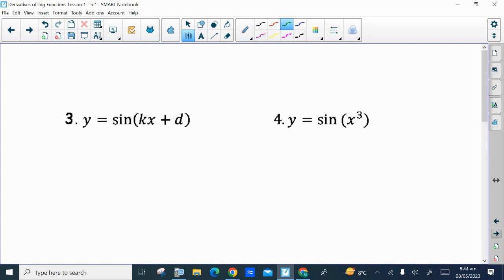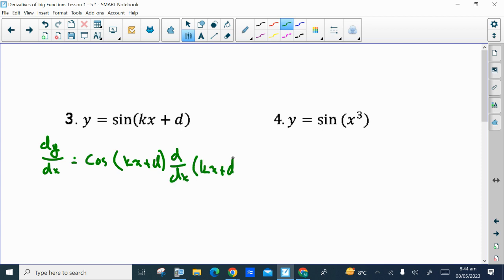Number 3, y equals the sine of kx plus d, so dy by dx. Again, the derivative of sine is cosine of kx plus d times the derivative of what's inside the bracket. And so you're differentiating with respect to x.